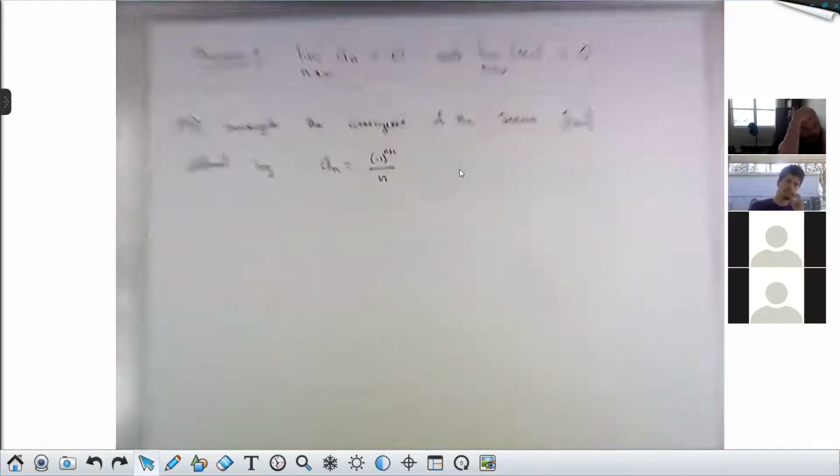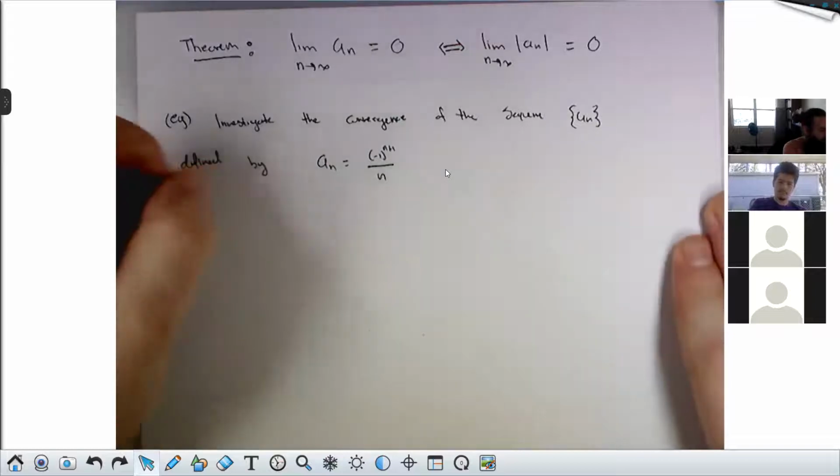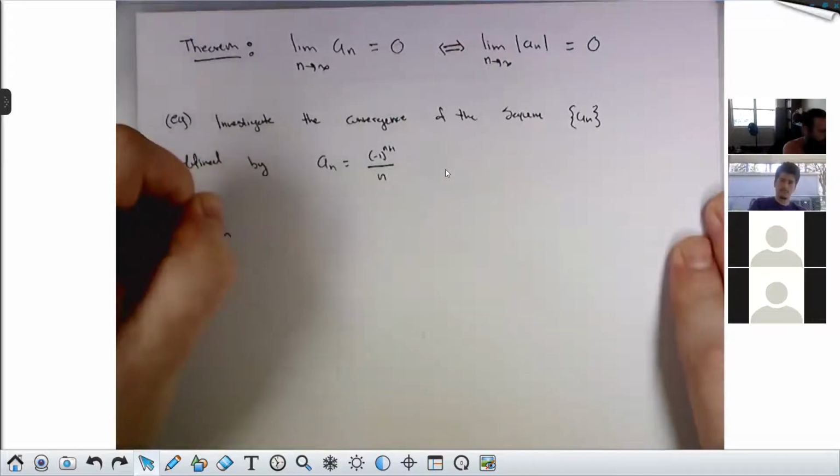Now, this was one we listed the first 5 terms of, and we looked at the graph. So if I want to investigate the convergence of this sequence, that means I need to look at the limit of this sequence.